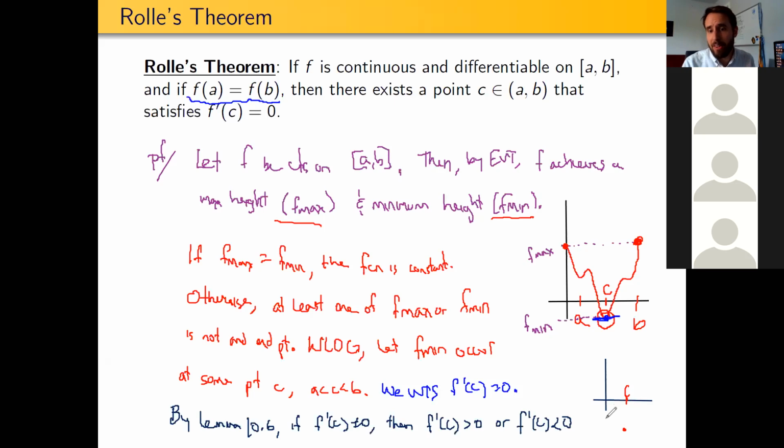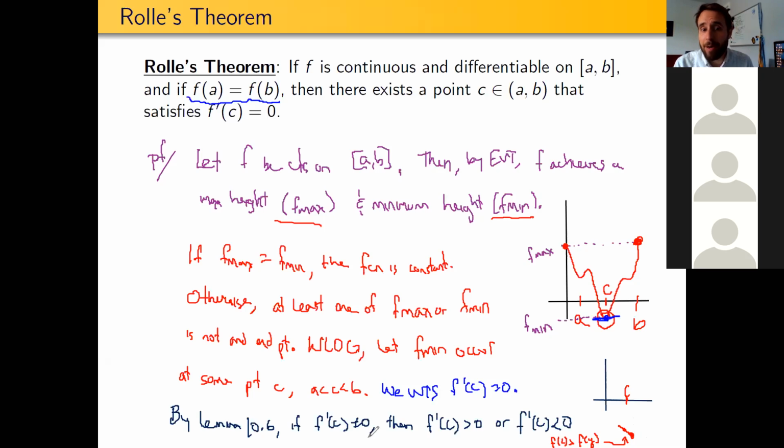If f prime of c was less than 0, then our function would initially be decreasing a little bit. We were able to explicitly find a point over here, point y, at which f of y was less than f of c. So if our derivative was initially negative, then I could scooch just a little bit to the right and find a point that was even lower. And that would contradict this idea that f min was actually the minimum value.